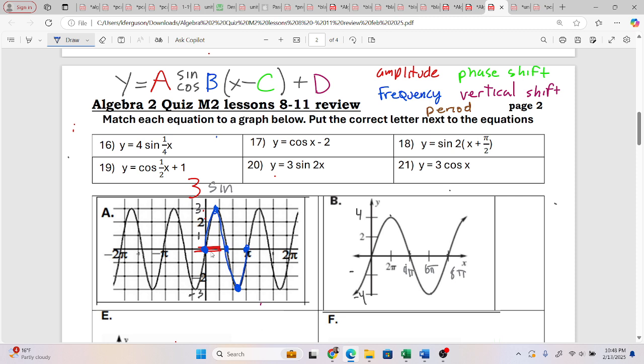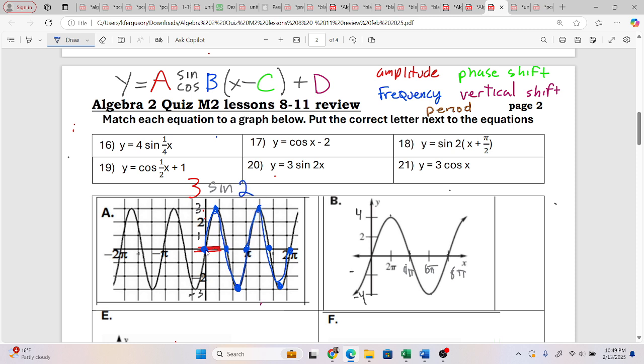But frequency says how many graphs do I have between 0 and 2 pi? There's my starting point at the midline. There's my high point. Go back to the midline, hit the low point, come back to the midline. And that's another full graph. So that would tell me that my frequency is 2.